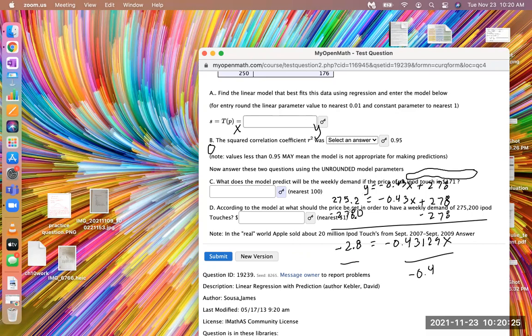We have to ignore all the signs and just look at the positive numbers and take the largest number and subtract the smallest number, which is what I did. But then you have to keep the sign of the larger number. So this is negative 2.8. And now we divide by negative 0.4312 on both sides.